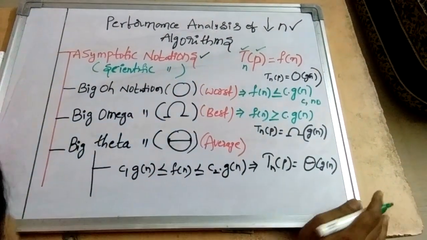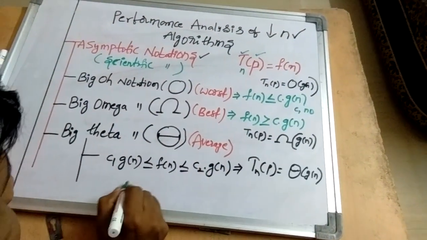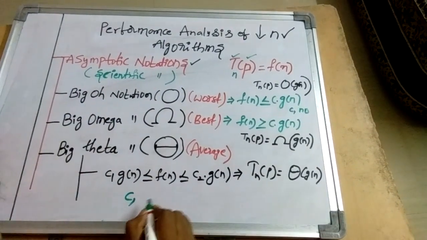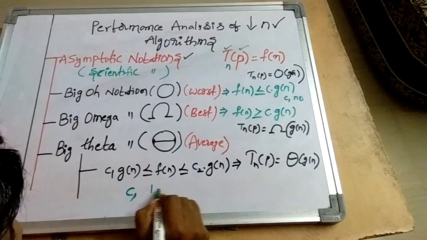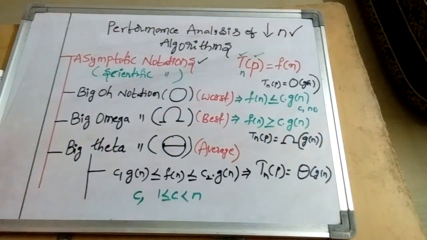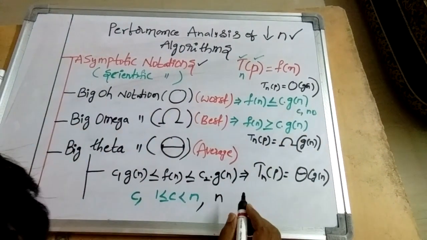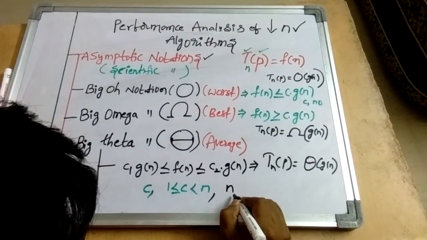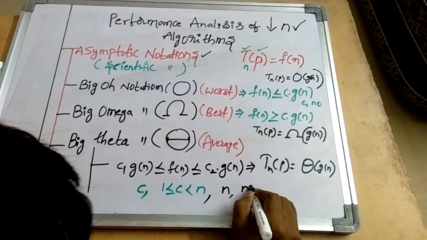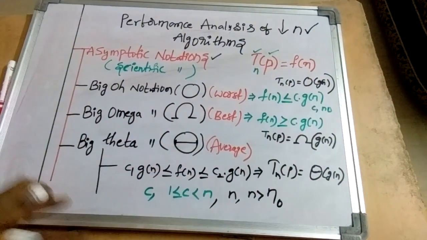For all these three notations, the new thing is there exists a constant c such that c is always greater than or equal to 1 and less than n. There also exists an n such that n is always greater than or equal to a positive integer n naught. So these are the conditions.